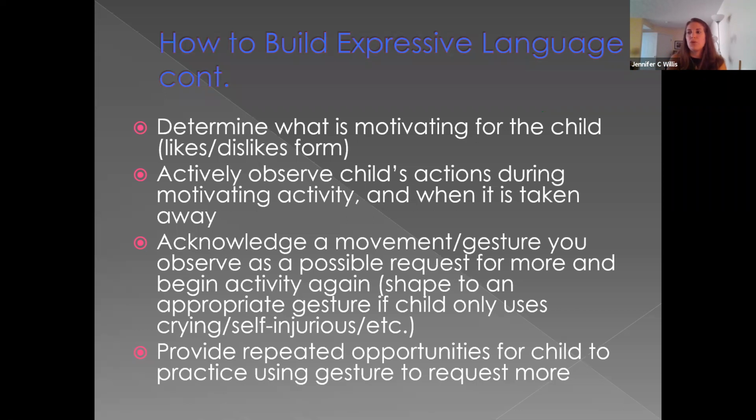So for example, we might use the sign jump to talk about a trampoline or jumping, but for a child that's deafblind, it requires not only two hands, but also the symbolic gesture that these two fingers represent legs and the movement. That's very complex, whereas for a child that's deafblind, it might simply be, if they have their hand on top of yours, the up and down, because what are they feeling?